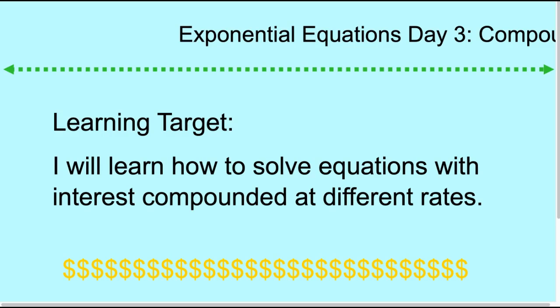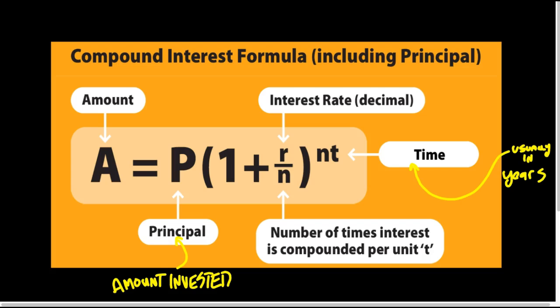So today we're gonna talk about an application of these exponential equations, and we're talking about interest, making cash money. Here we have two formulas that we're going to use. One is the compound interest formula, and this is going to include the principal, which is the amount that you invest, and the R is the interest rate as a decimal, and then a little twist that you haven't seen yet.